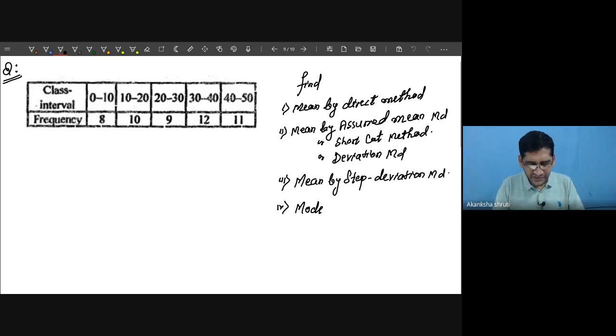So students, the very first step that you need to do is write it vertically. Many a time students think that if the data is given horizontally, they should do it horizontally. No, the better habit is to write it vertically. That will give you a better understanding. So first write the class interval.